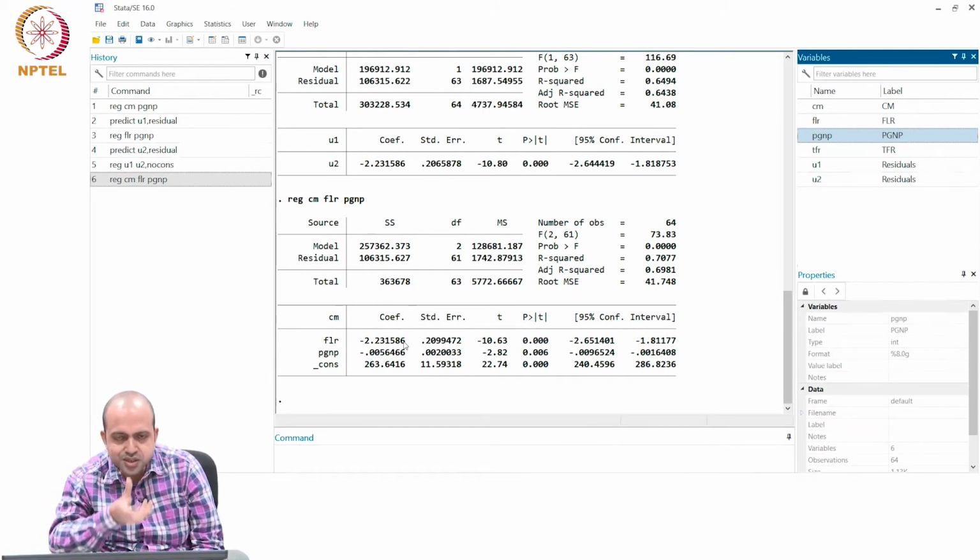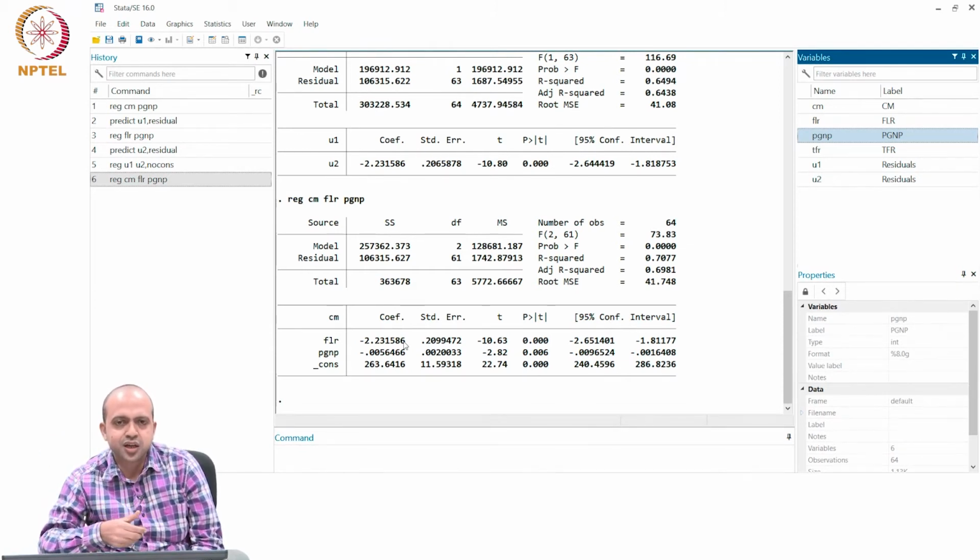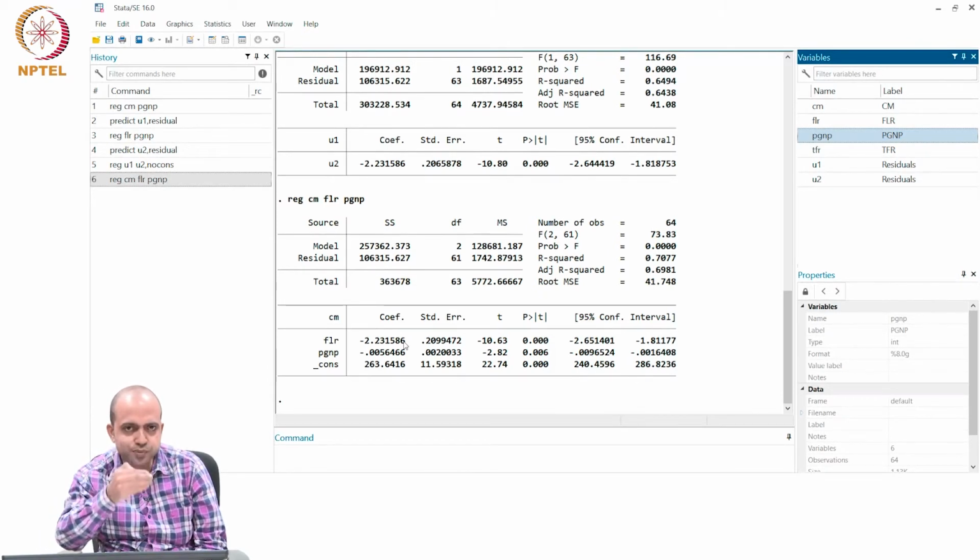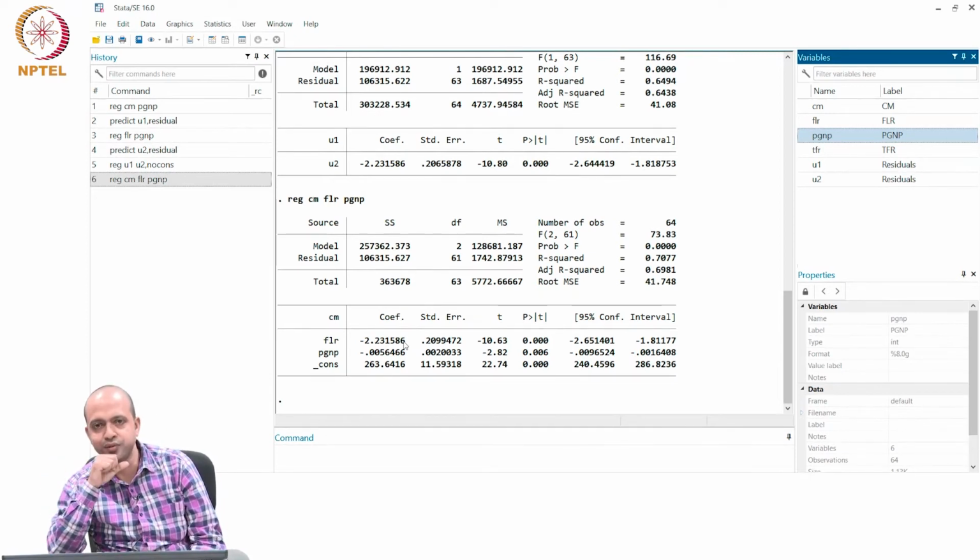So the statistical software Stata is actually doing everything for us. All those steps, step 1, step 2, step 3, that we discussed earlier to keep the other factors constant, Stata is doing that, and is directly supplying us the net impact of each and every variable.